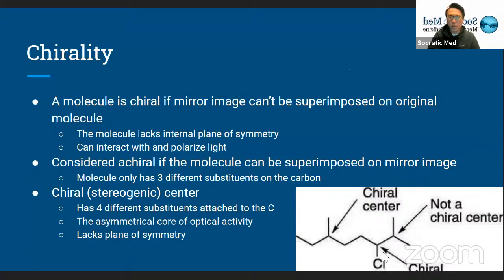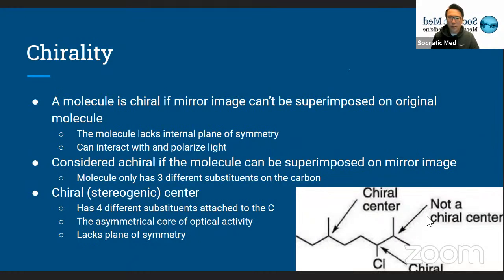Same thing for the chiral center in the middle. It's bonded to 2 carbon chains, a hydrogen, and a chlorine. Since these are all 4 different substituents, it can be considered a chiral center. But the arrow on the right is pointing to a carbon that's not a chiral center because it's bonded to 3 carbon chains, but 2 of them are methyl groups, which are the same group, and then a hydrogen.